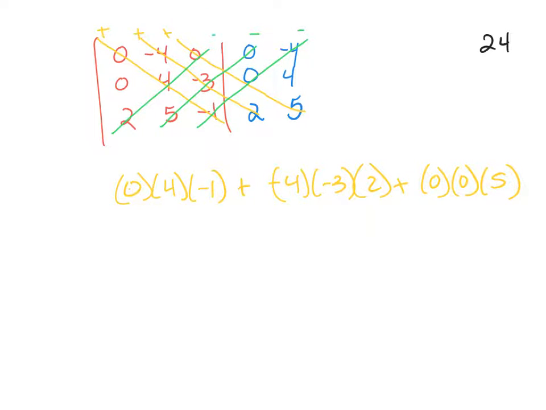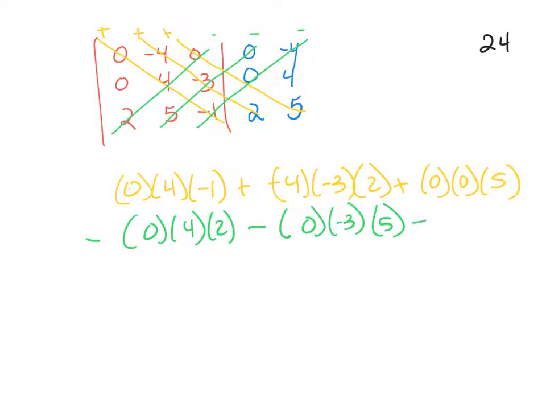And now we're going to start with the green. The green is minus 0, 4, and 2, minus 0, negative 3, and 5, minus negative 4, 0, and negative 1. So you can put all that in your calculator.